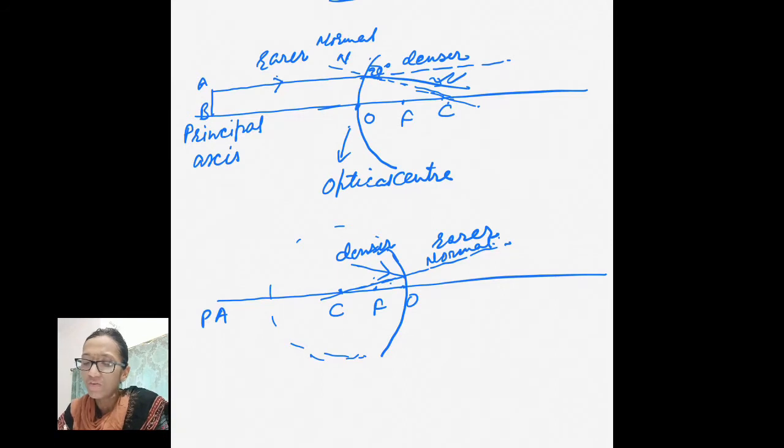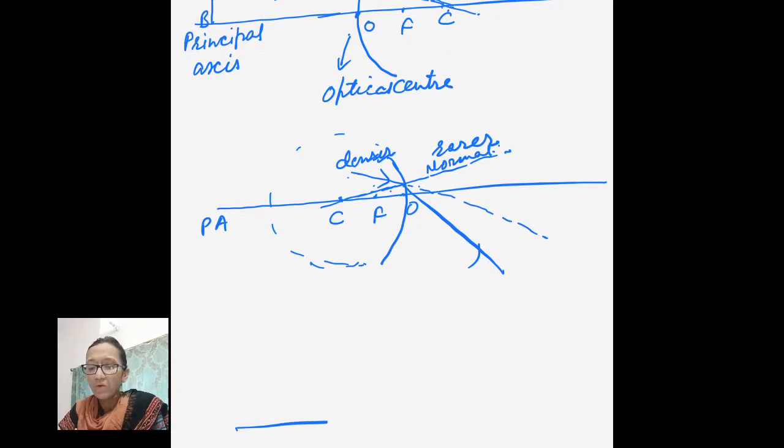So when the ray goes from denser to rare medium, it does not go along a straight path. Rather, as per the second rule, it will deviate away from the normal.